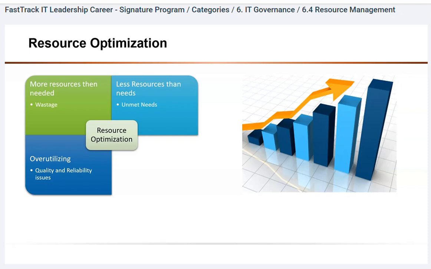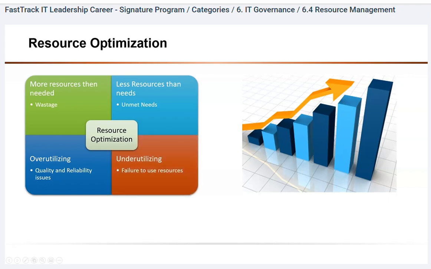So there may be quality issues. If you take the example of a computer, you have a certain program running and it requires certain resources. But if you run this computer all the time at 100% CPU, then eventually its lifetime will be reduced. So overutilization also causes problems.